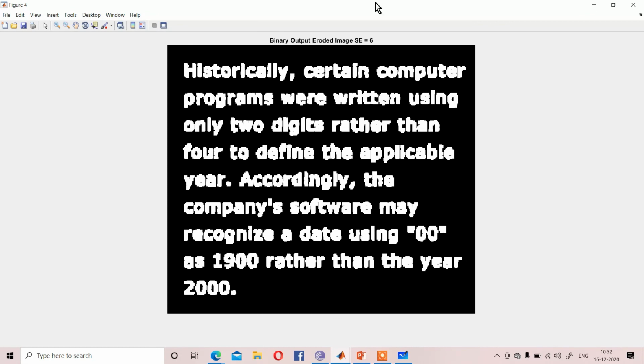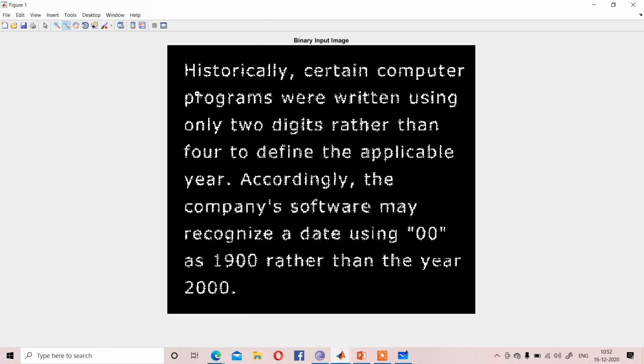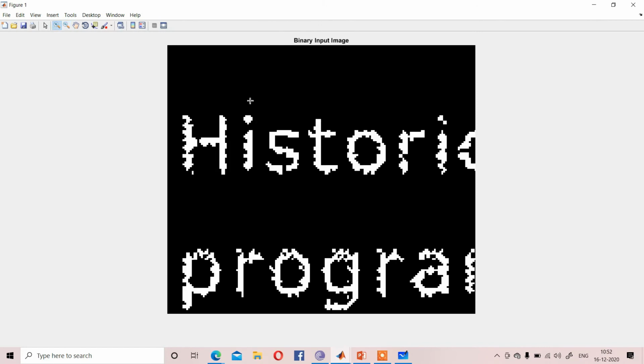So to get a proper result, I will fill up the gap, but the overall size of the H will be the same, just the gap will be filled up.